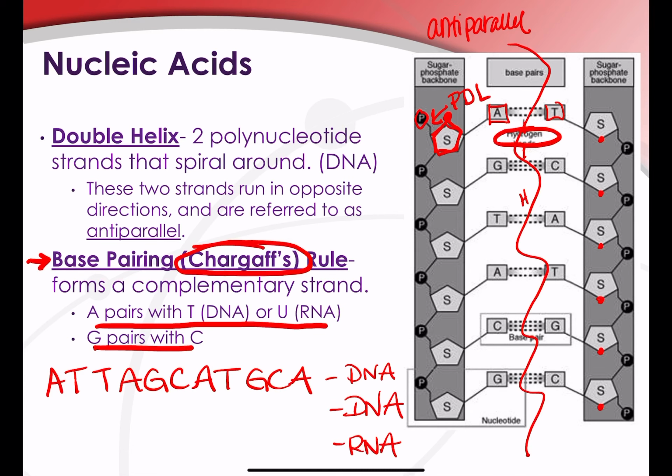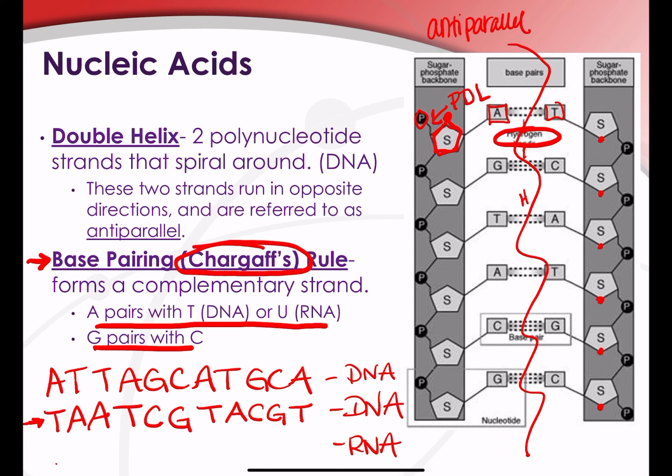So if one side of our DNA is this strand that I've written, the other side should be T A A T C G T A C G T. Okay? Just using the A pairs with T, G pairs with C rule. Now, if I want to take this half of the DNA and make a strand of RNA, let's see what that RNA sequence would be.